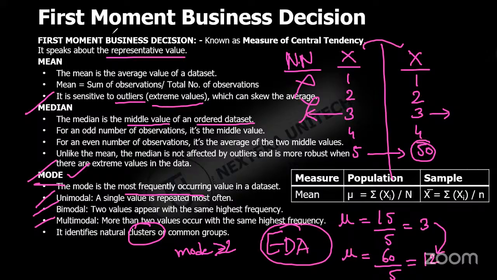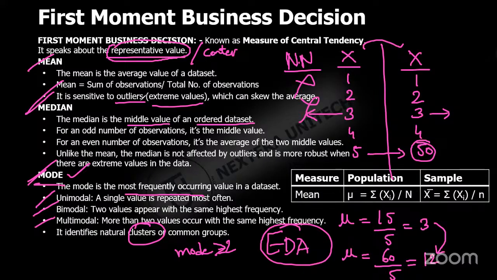What exactly do we do in first moment business decision? We calculate the representative value, the center value for the data. In order to calculate the center value, we go with first moment business decision measures. What are they? Mean, median, mode. Mean has a disadvantage: it is sensitive to outliers.